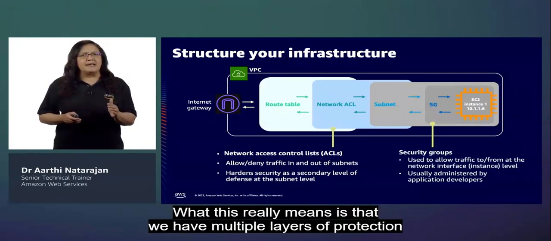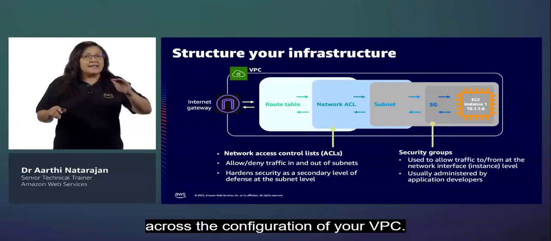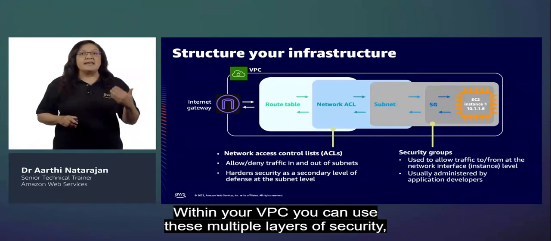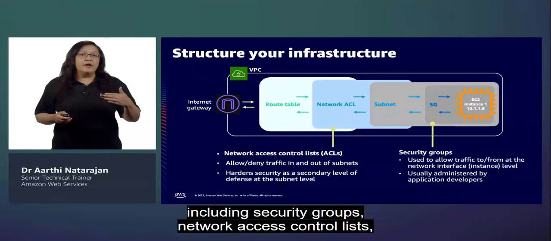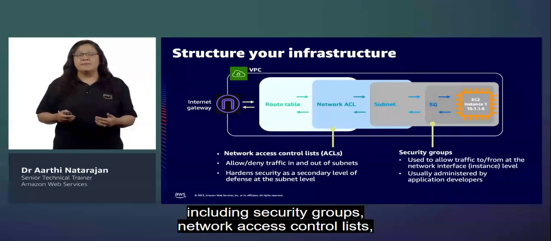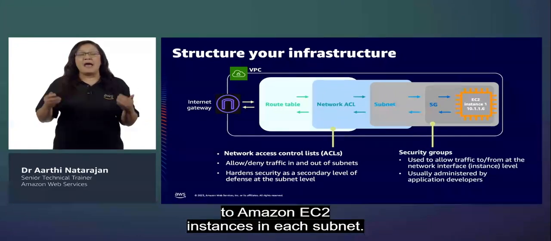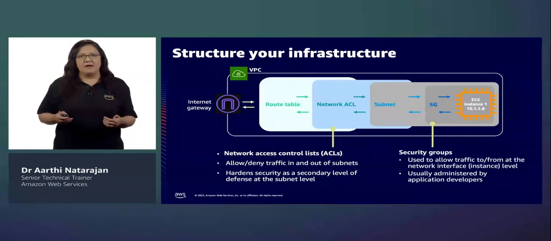What this really means is that we have multiple layers of protection across the configuration of your VPC. Within your VPC, you can use these multiple layers of security, including security groups, network access control lists, and route tables to help control access to Amazon EC2 instances in each subnet.